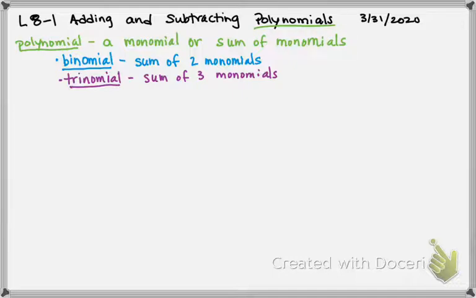Now, we are going to also talk about something that's a little strange, and my reasoning for saying strange is that it's not something we deal with a whole lot at our level, but it is important for you to understand this as well. And this is called the degree of a monomial, and then we also have one of a polynomial.